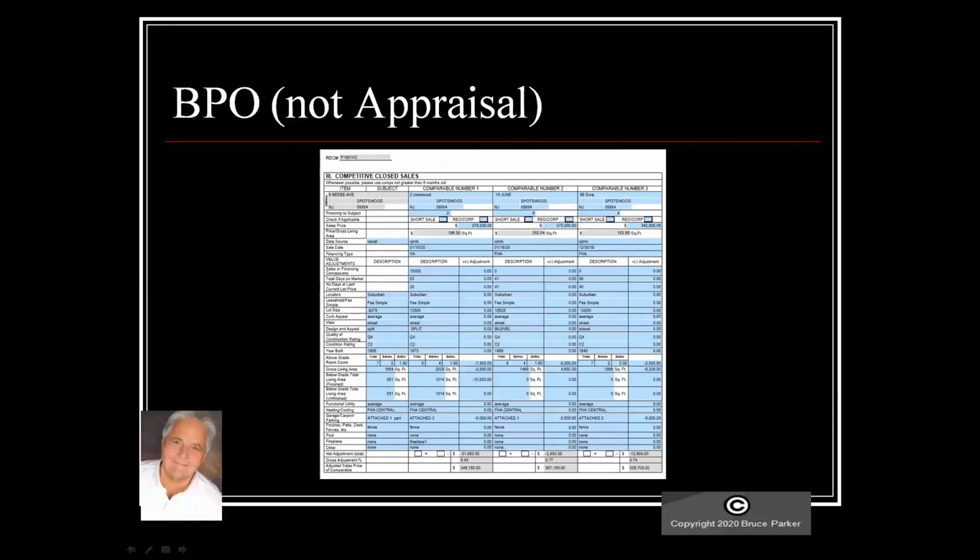If you were trying to figure out the value of a property and you were going to buy a 5BB place, you could pull the comparables and construct a chart like this and make all the adjustments based on the chart.